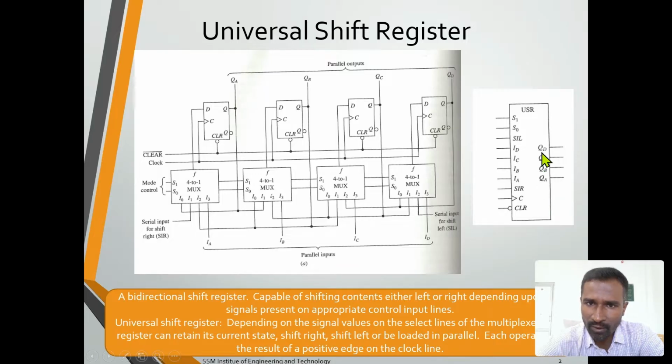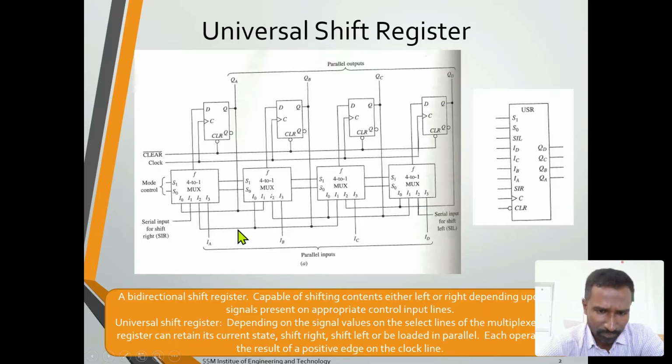These are the parallel outputs, this is the parallel input, this is serial left, and this is serial right. So parallel in parallel out, serial in serial out, parallel in serial out, and serial in parallel out: four kinds of shift registers we can perform in a single circuit.